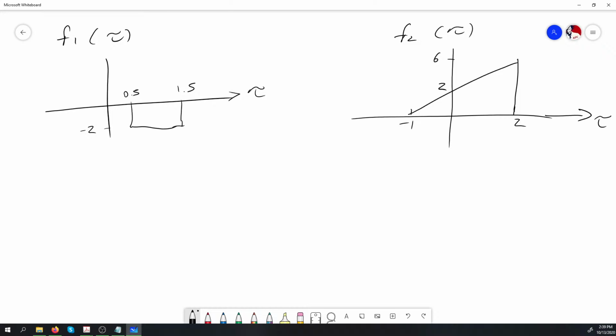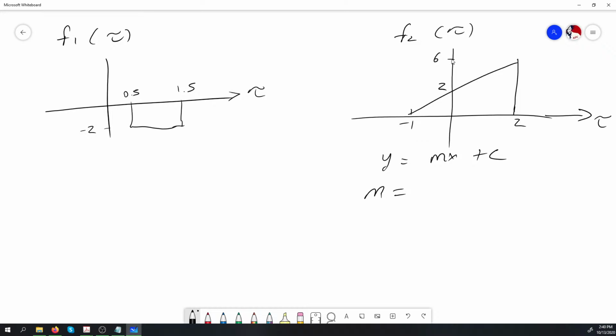Because we're dealing with an f2 of tau signal, we need the equation for this straight line. We need to know the gradient and the intercept. The equation of a line is y equals mx plus c, so we solve for m first, the gradient, by taking the difference in y values divided by the difference in x values.